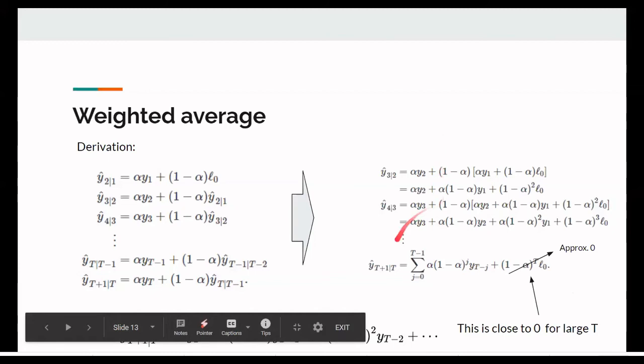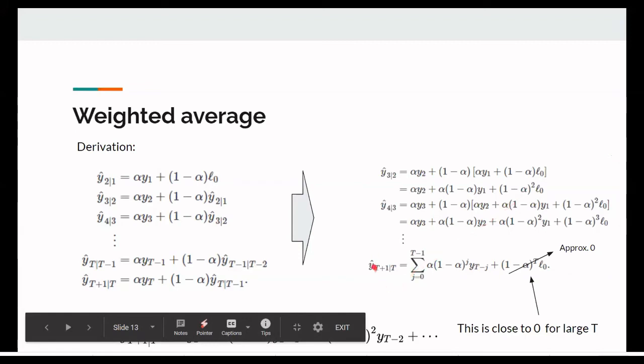And so simple. Therefore, if we continue this until time t1, this value will just be approximately 0. So the more data that we have, the more we don't need this value. Okay? So the final formula is very simple.